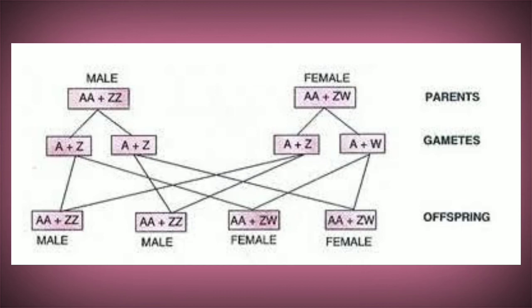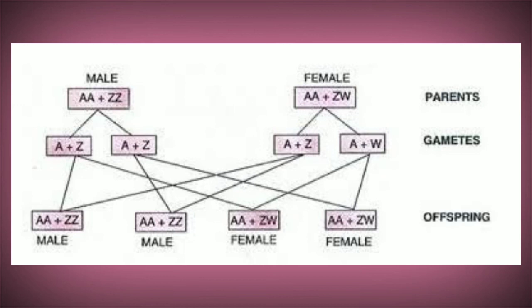So this is different from the XX-XY or XX-XO type, because in the earlier two cases the females were homogametic, but here the only difference is that the female is heterogametic and the male is homogametic. Otherwise the rest of the crosses are very much the same.